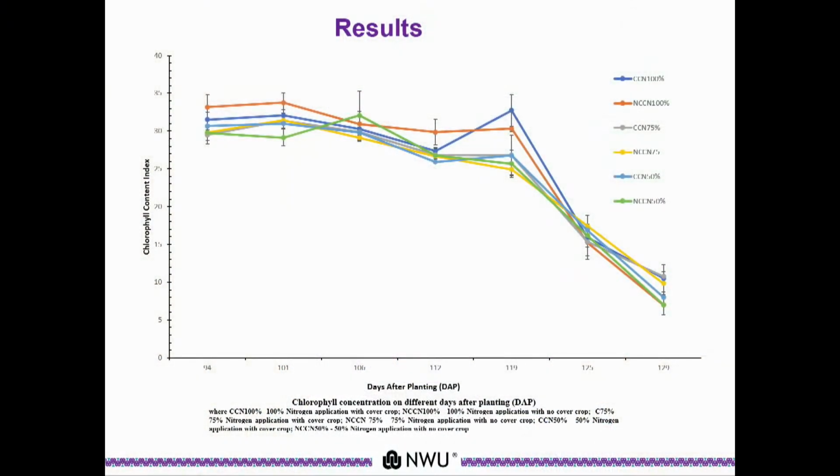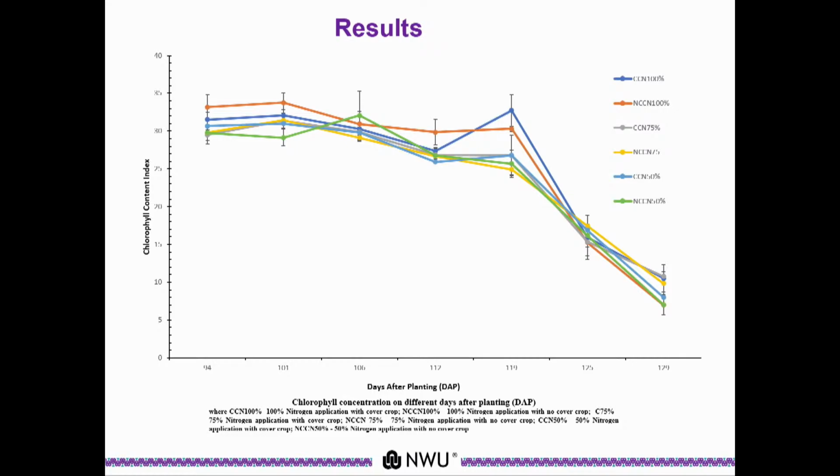These are our results for chlorophyll concentration. The results show that the plant started at a higher chlorophyll concentration, and it decreased over time.